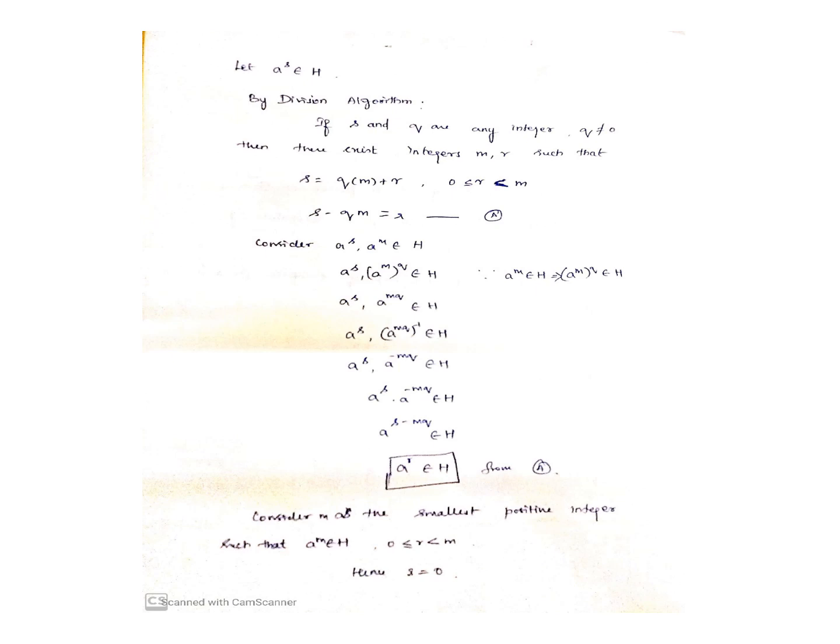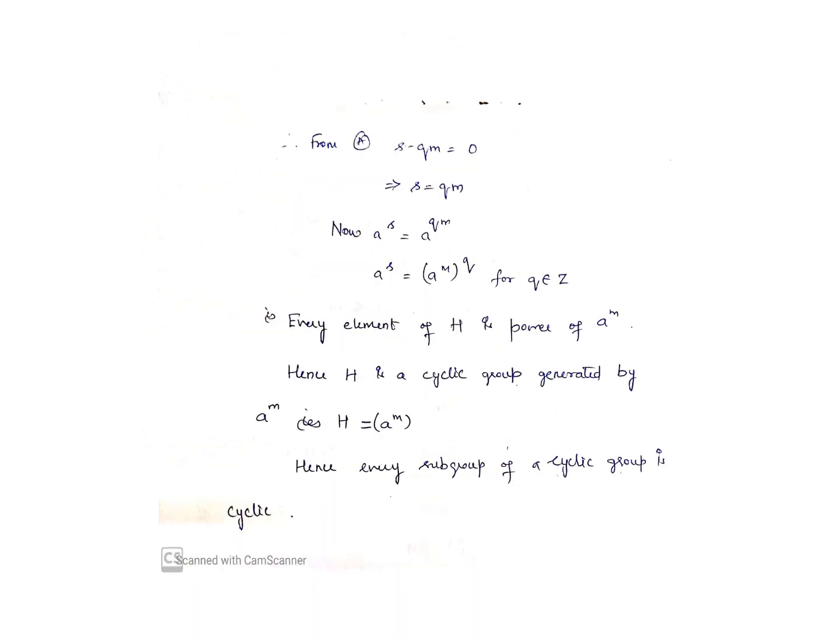Substitute s minus qm is equal to r. Therefore, s minus qm is equal to 0. Therefore, s is equal to qm. Hence, a power s is equal to a power qm.